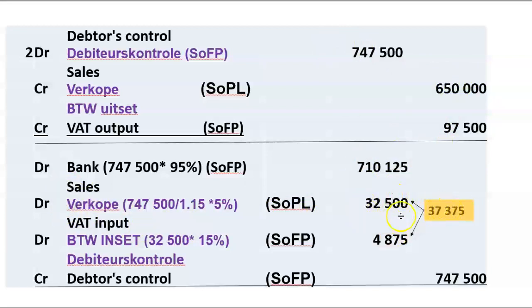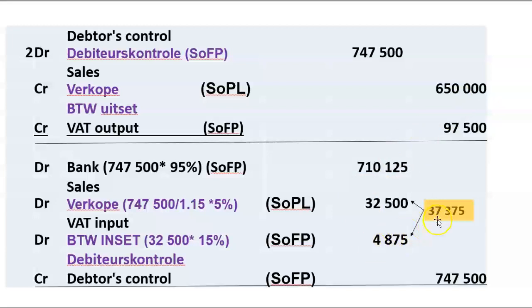Now the difference between the 32,500 and the 37,375 is the VAT. We said that that is a VAT inclusive amount. Remember our golden rule is that no income or expense items will ever include VAT. So therefore my adjustment must be a VAT exclusive figure.